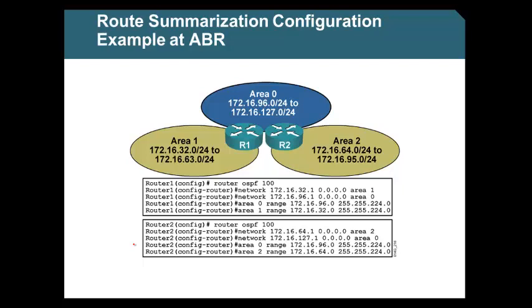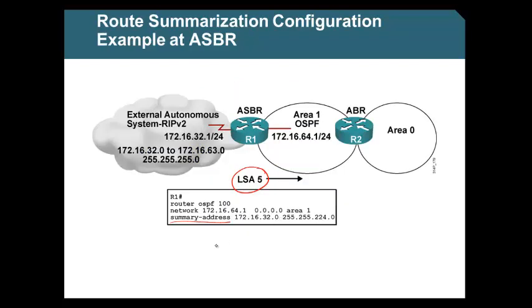From 32 to 63 I need to summarize, so you should say area 1. It is actually going to area 0, but that doesn't matter for you. Area 1 range. See, this is not the summary address command. The summary address command is only for ASBR. The ABR summarization command is area ID range. Don't forget.